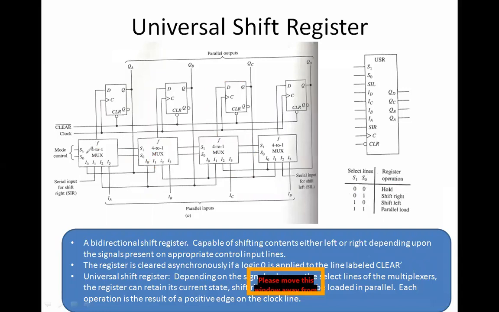So now we should look at I1 here because it is 0, 1. 0, 1 means shift right. So 1 is the serial input for the shift register. So 1 comes here and the output is here, and then the select line.